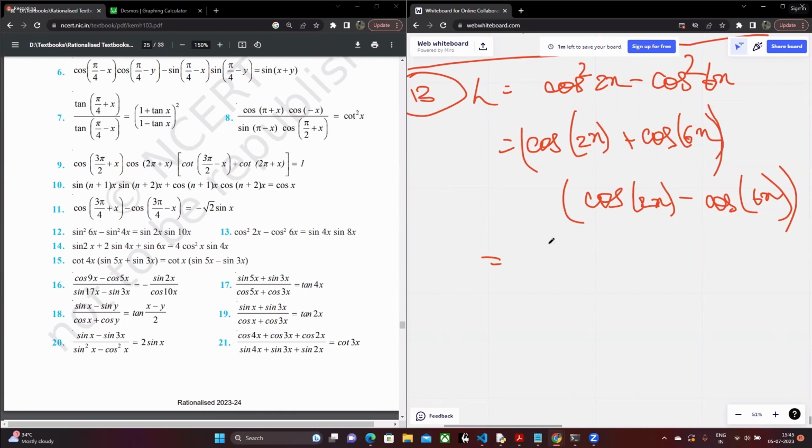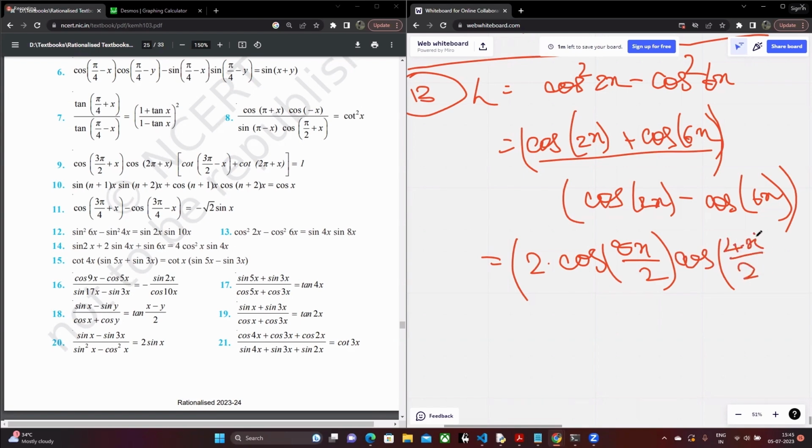With that said, I'll proceed with the question. This is going to be 2 into cos of 2x plus 6x, that is 8x divided by 2, and cos of 6x minus 2x divided by 2, that's 4x by 2. If it's 4x or minus 4x, nobody cares, because cos minus theta is cos theta.